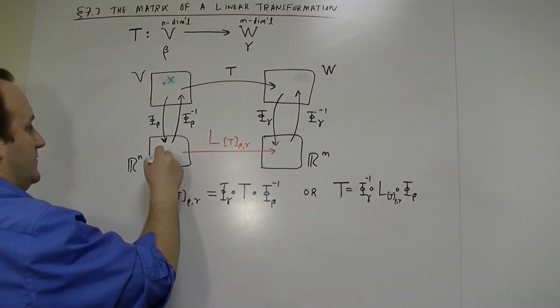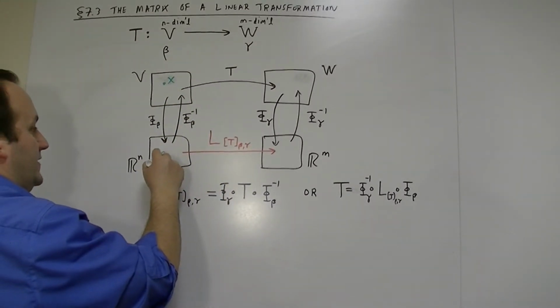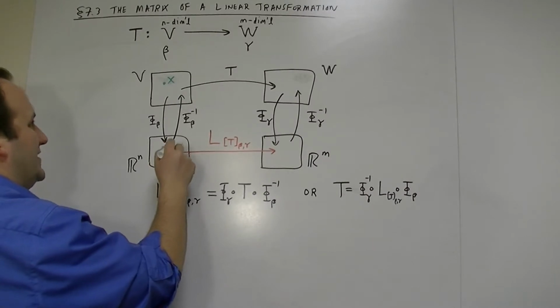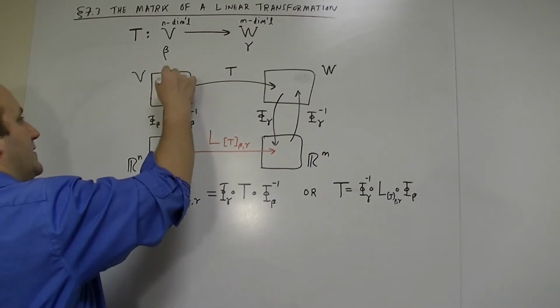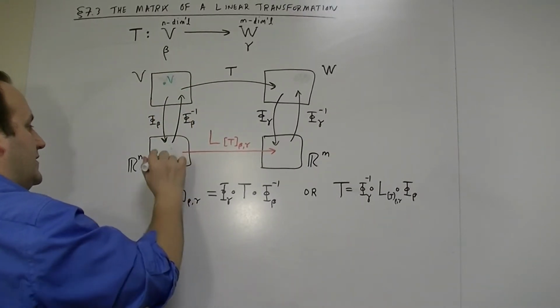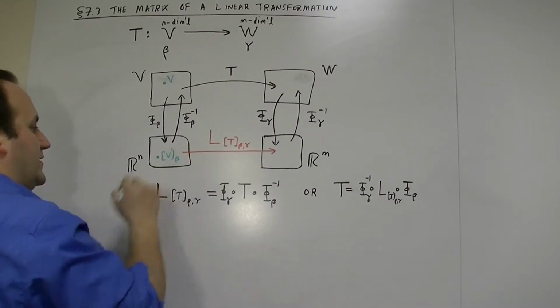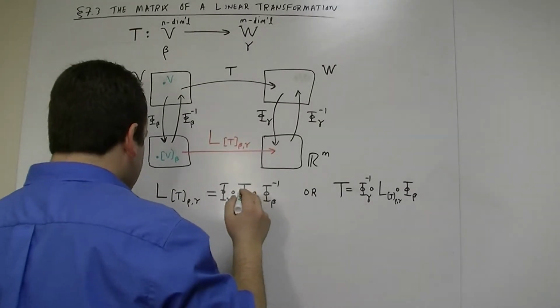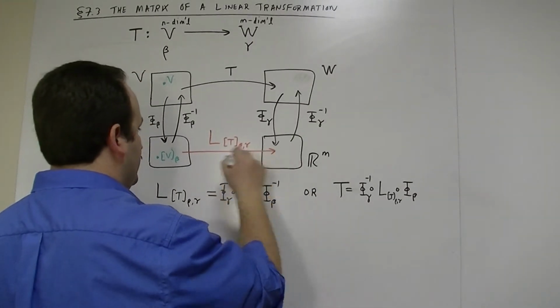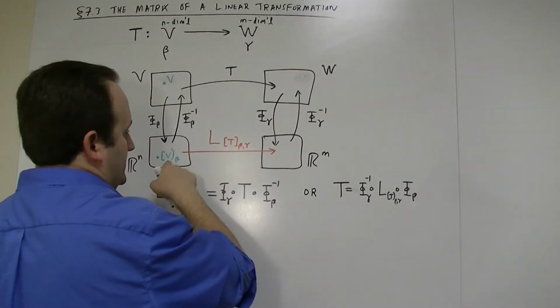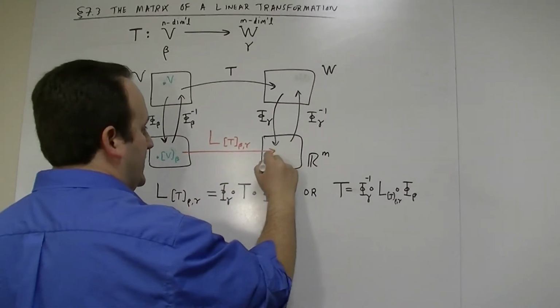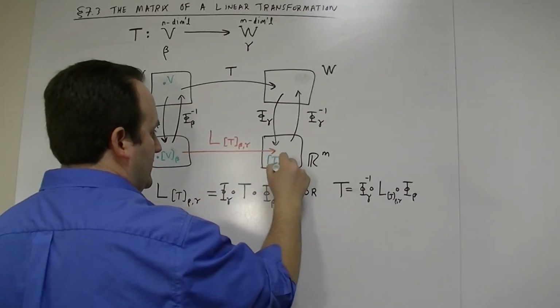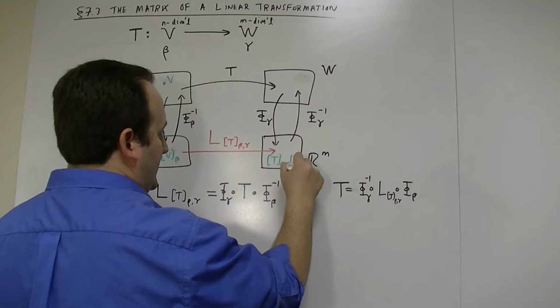And that gives you down here the coord, well, x is a bad choice of letters. Let's say you start with v, and then down here you get the beta coordinate of v, right? And then if you multiply by the matrix over here, we get T beta gamma times v beta.